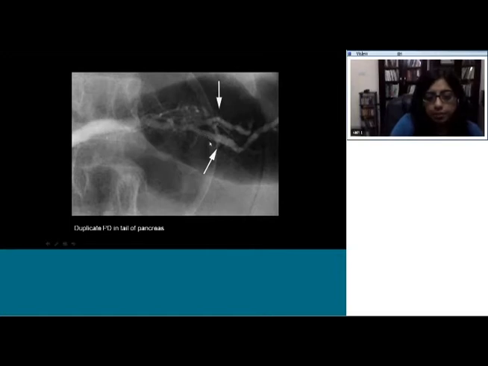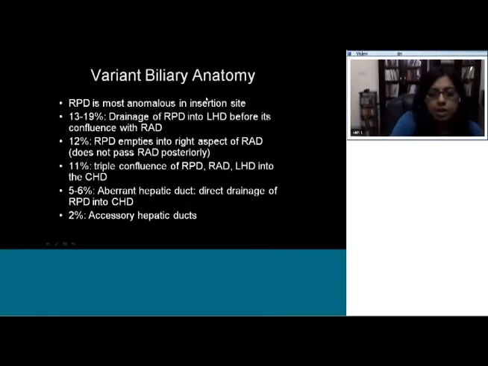As far as the variants in biliary anatomy go, most of the variants are seen in the insertion of the posterior segment of the right hepatic duct. So in 13 to 19% of cases, the posterior segment of the right posterior duct drains into the left hepatic duct before joining the right anterior duct.